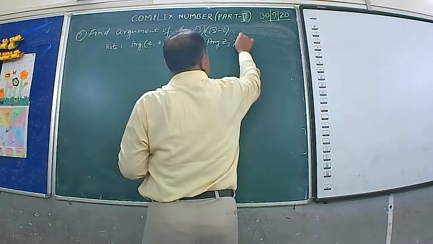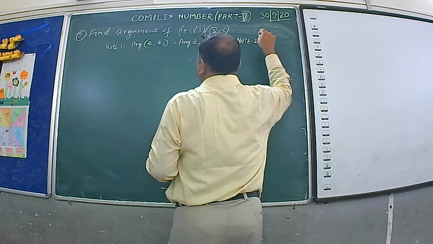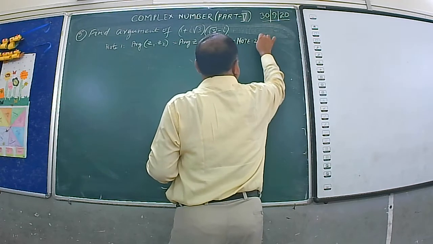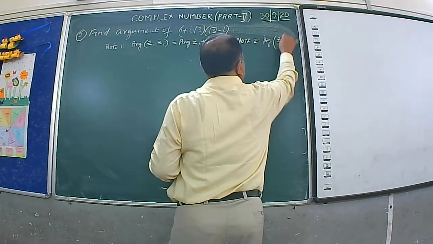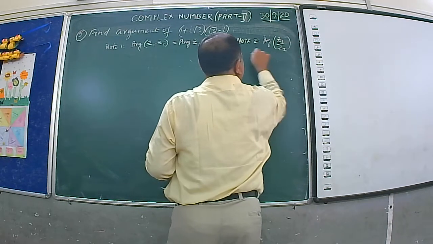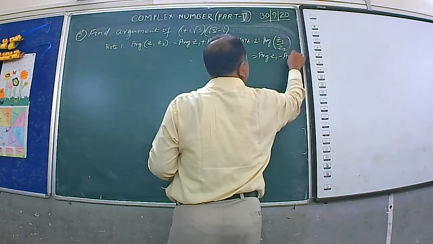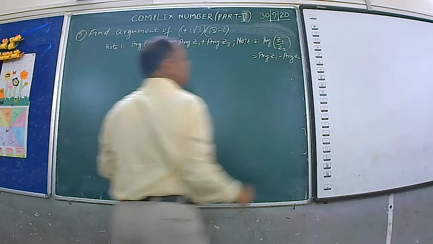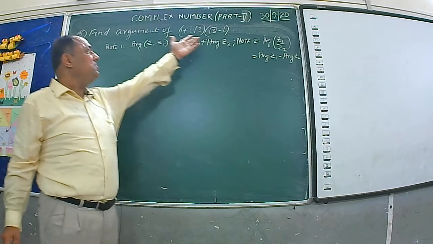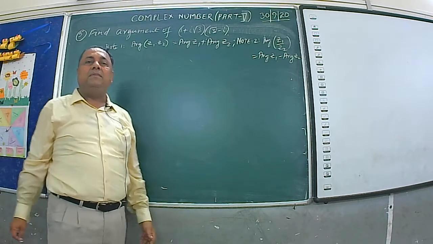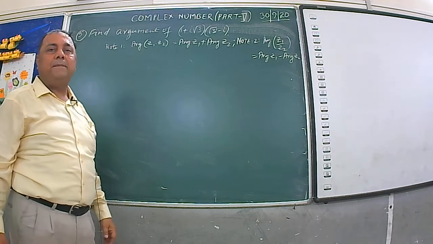And note 2: argument of Z1 by Z2 is argument Z1 minus argument Z2. And my two complex numbers are in the product form. I have to use note 1.